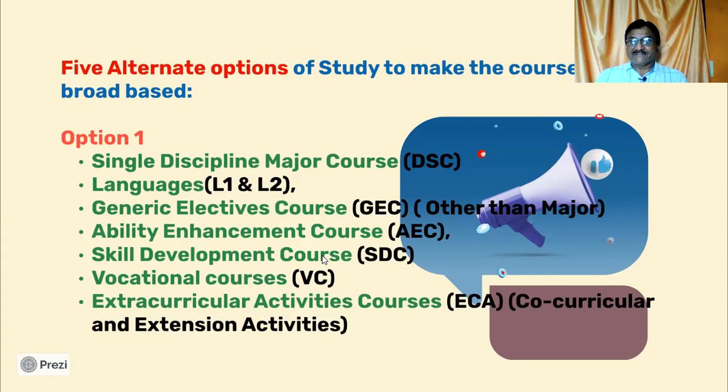Co-curricular activities usually happen and are attached with all our schools and colleges. What type of co-curricular activities? Those which enhance the social, moral, intellectual, and also positive thinking, creativity, aesthetic value, and enthusiastic nature about that particular course.